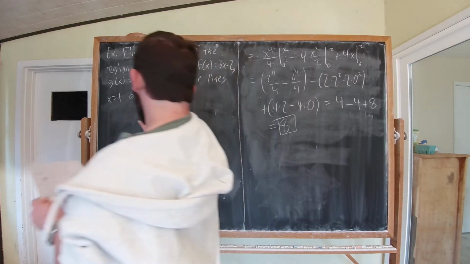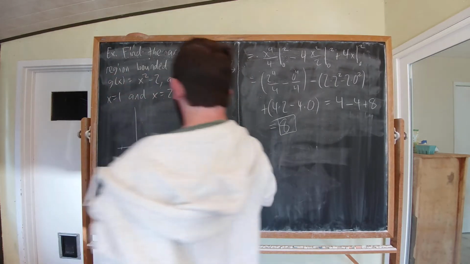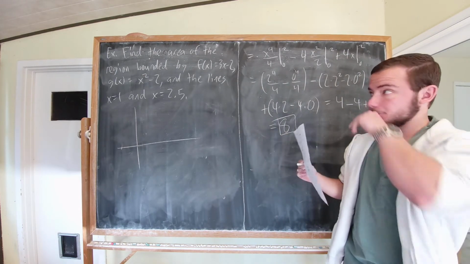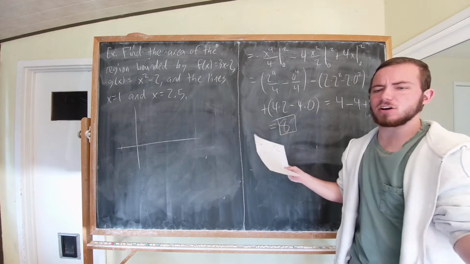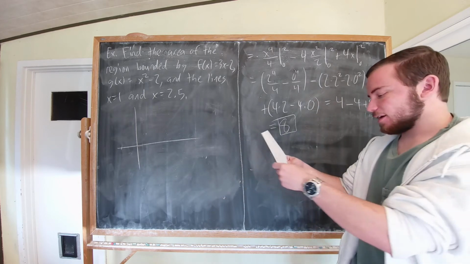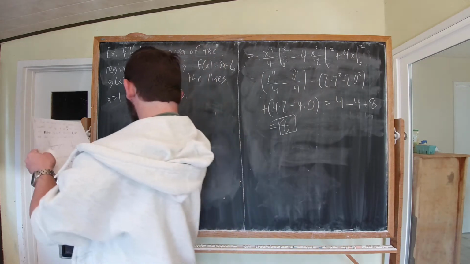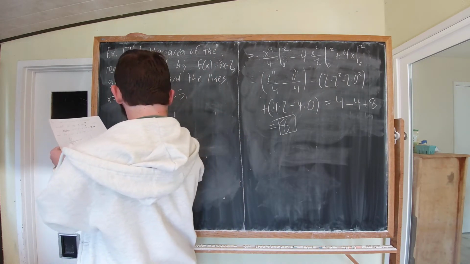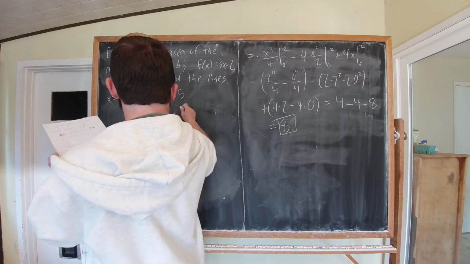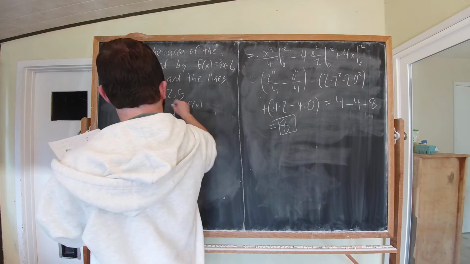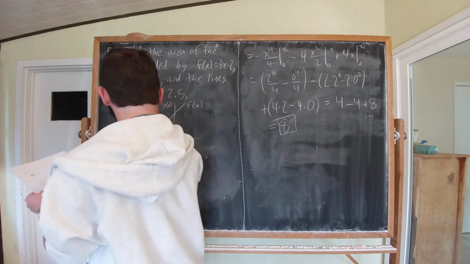Alright, so if we sketched out a picture of this, again, you could get this picture however you wanted. On a test or something, I'd provide the picture so you wouldn't have to find it. But if you drew this picture, you would get a region that looks kind of like this. And this is f of x here, this is g of x right here.